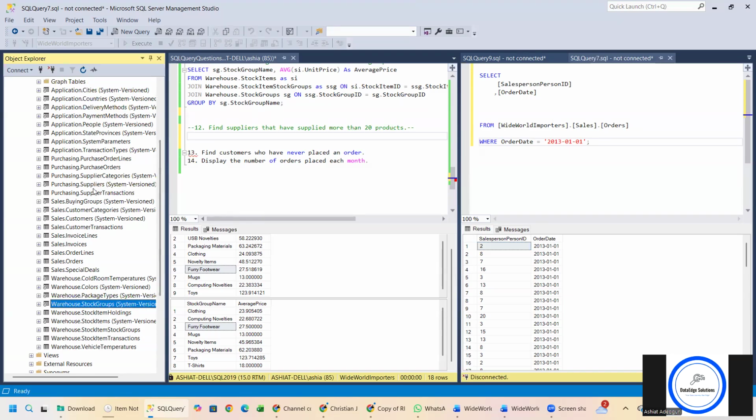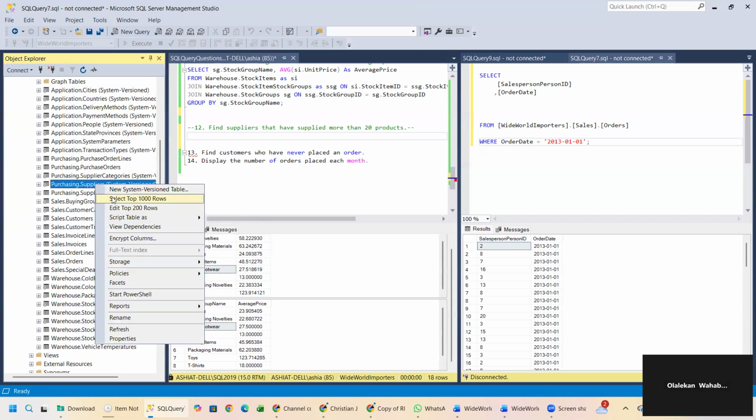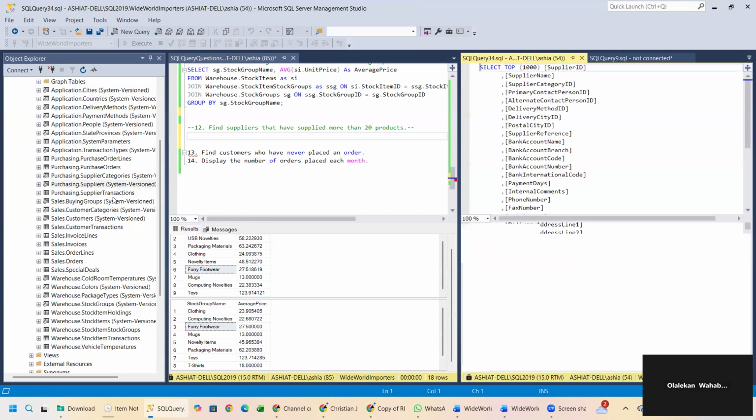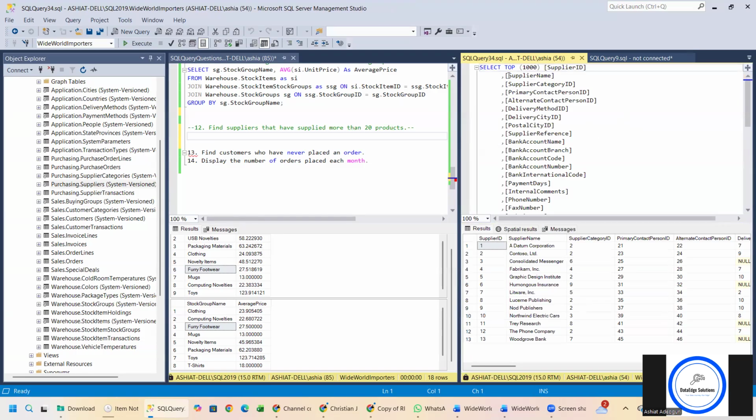Purchasing supplier. Let's check this one. We have supplier ID and supplier name. Do we have product there? No, we don't have products here.